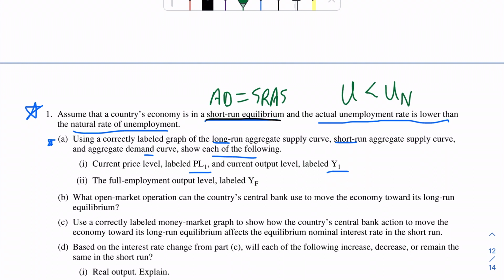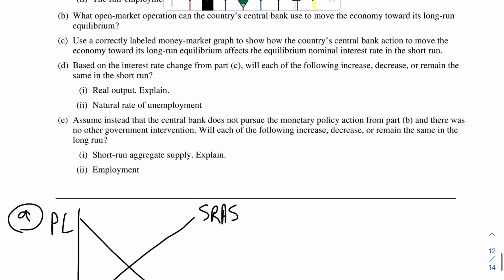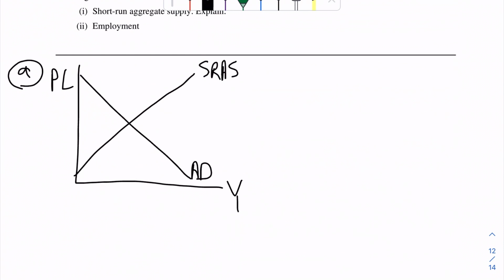So you are beyond full employment. That would mean that this output right here, this Y1, is more than the full employment output. So this would be your long run.